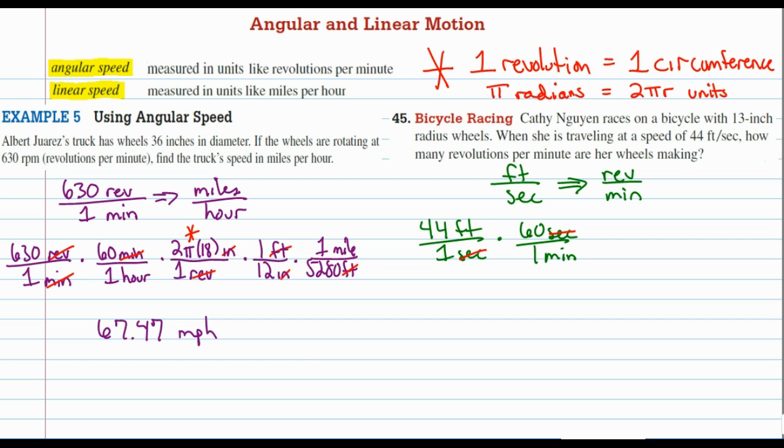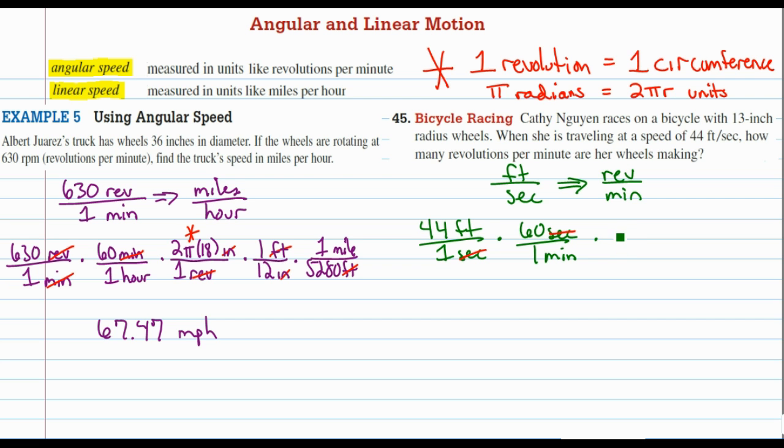So here's where I need to convert feet to revolutions, and it's going to be a little awkward, but hang on here. Remember, 1 revolution is going to be, see now, her bicycle has a 13-inch radius wheel. So I'm actually going to change feet into inches first so that my conversion using 1 revolution works better. Feet is going to go into inches.